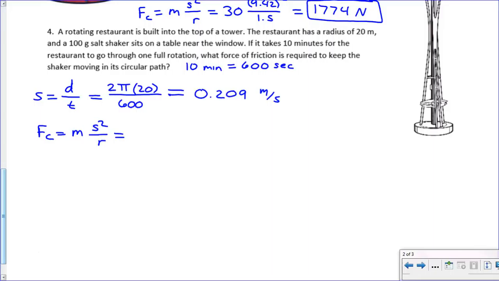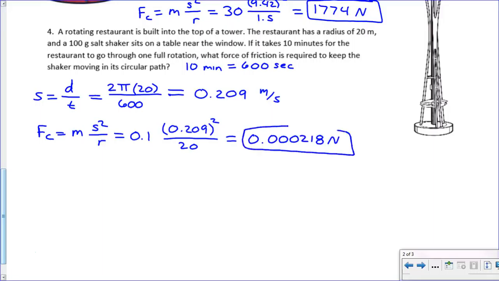So we divide by 1,000, and we get 0.1 for the mass times the speed squared, 0.209 squared, over the radius, in this case 20. And when we do that, we get 0.000218 newtons, or you could say that it is 2.18 times 10 to the negative 4th newtons.